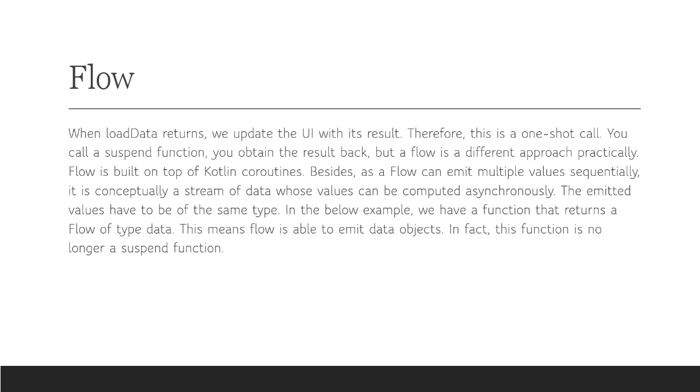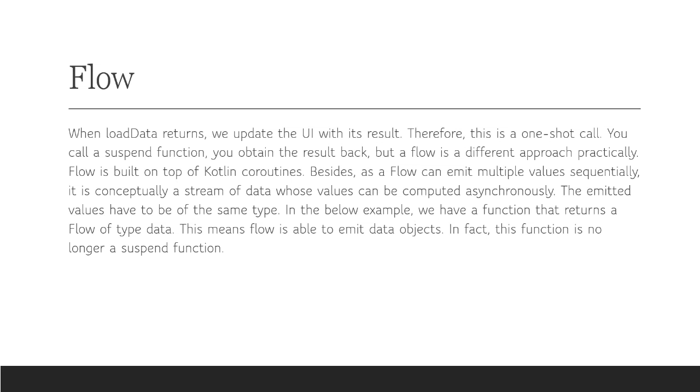Flow is built on top of Kotlin coroutines, and since a flow can emit multiple values sequentially, it is conceptually a stream of data whose values can be computed asynchronously.